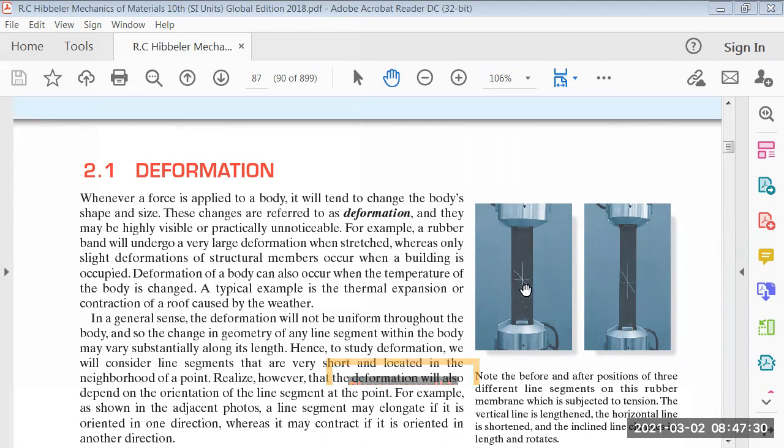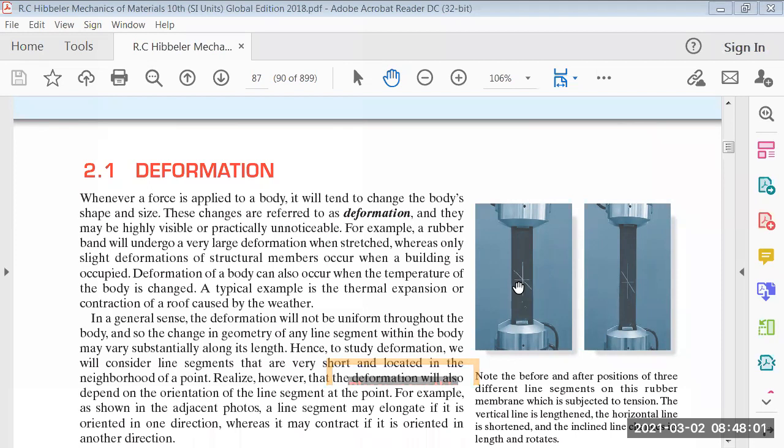Who could tell me what kind of deformation the horizontal line, the line along the x-axis, would experience, other than Deniz? Someone else who could answer this question. We have a line along the horizontal.